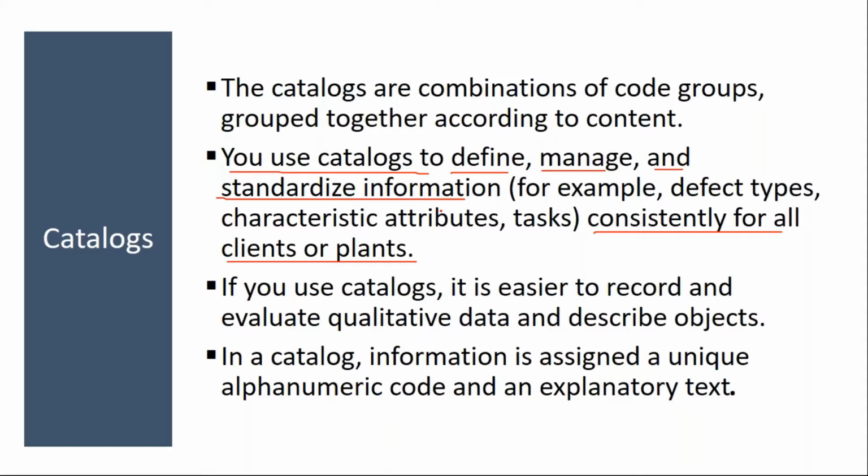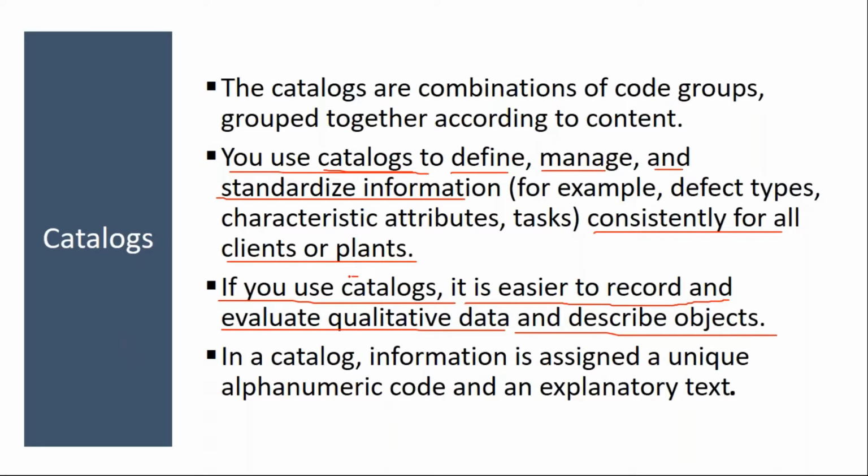Suppose there is damage to an equipment. You want to describe the damage, whether it is mechanical damage, what kind of damage. To describe that, you use these catalogs. If you use catalogs, it is easier to record and evaluate qualitative data and describe objects.